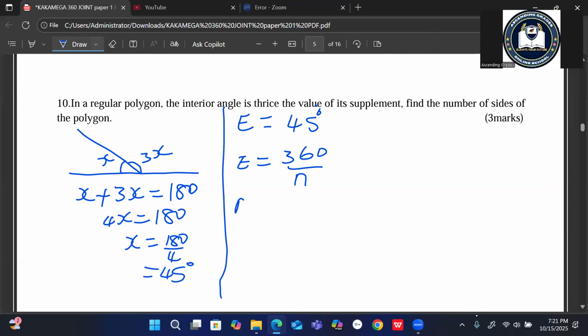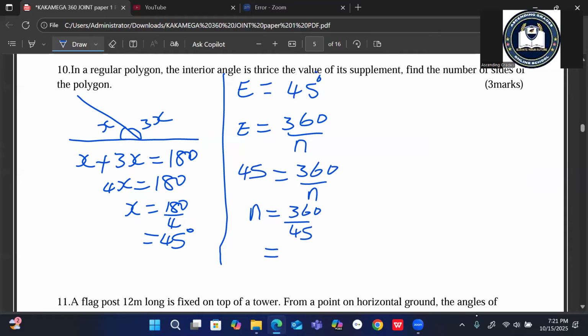It means that our n should be equal to 360 divided by 45. Our exterior is 45, so it's equal to 360 over n. So our n will be equal to 360 divided by 45.